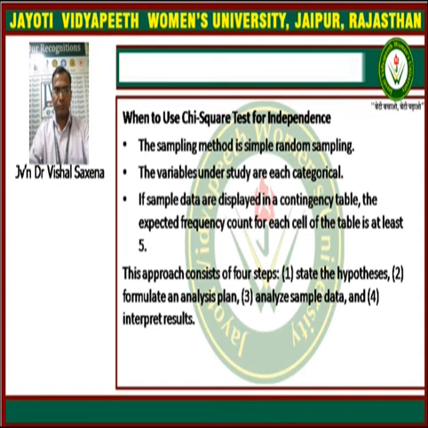And third, if sample data are displayed in a contingency table, the expected frequency count for each cell of the table is at least 5. So these are the three important conditions. The third condition is very important: the sample data can be displayed in a contingency table, and the expected frequency for each and every cell is at least 5.